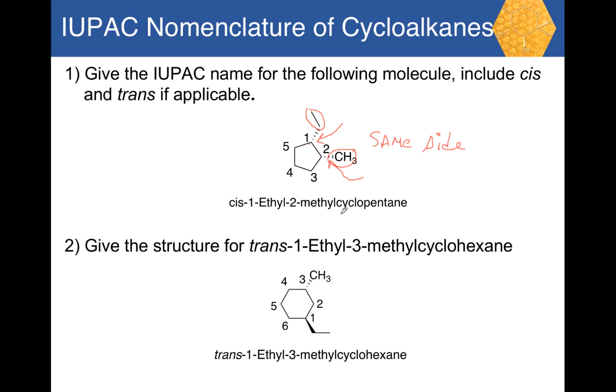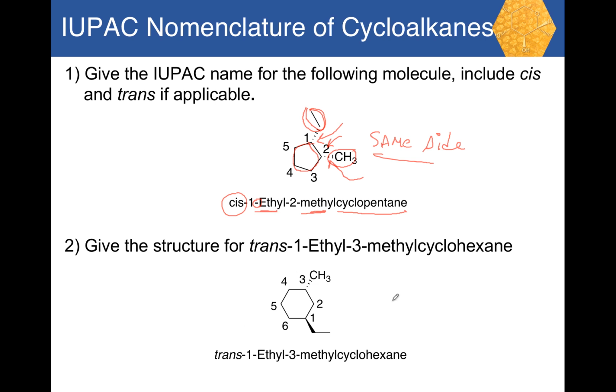So the name would be cyclopentane because we have a cyclopentane ring. And we have here 1 ethyl, 2 carbons, 1 ethyl, and 2 methyl, and cis because they're on the same side. Notice again we have a dash between letter and number. And if we had 2 numbers, we'd put a comma.